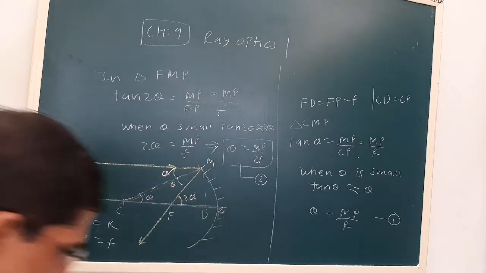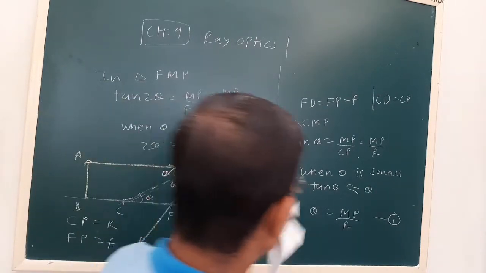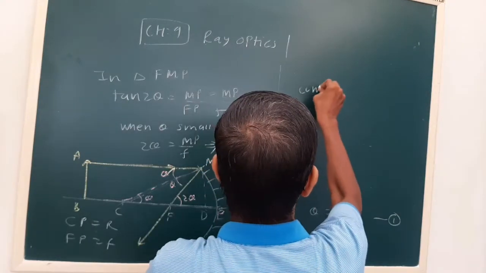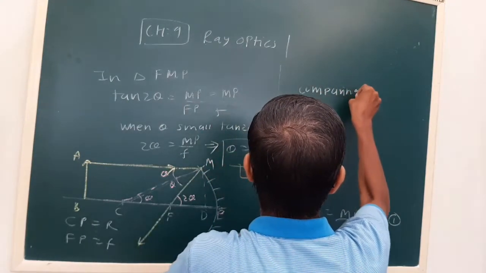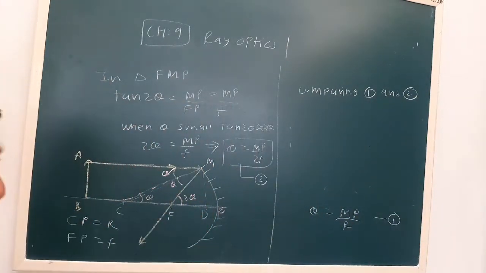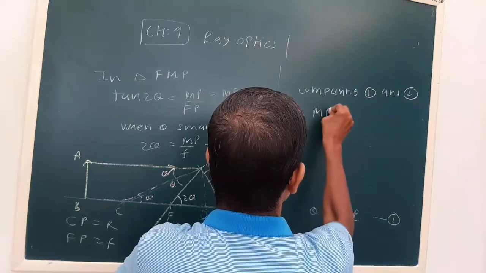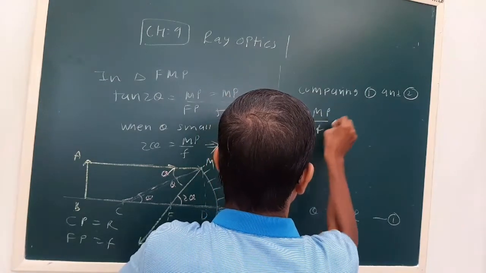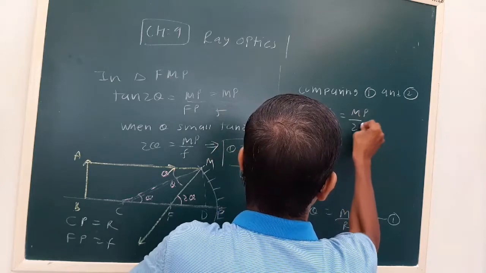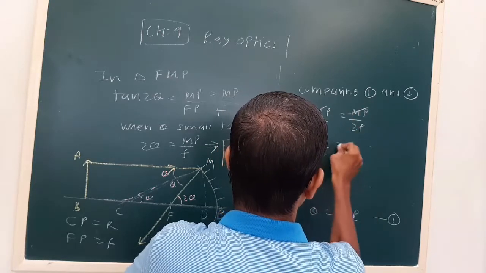Now if I compare equation 1 and 2, equation 1 is theta equals MP by R, and here it is MP by 2F. So 1 upon R is 1 upon 2F.